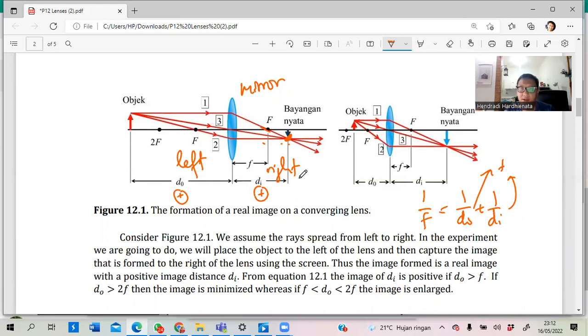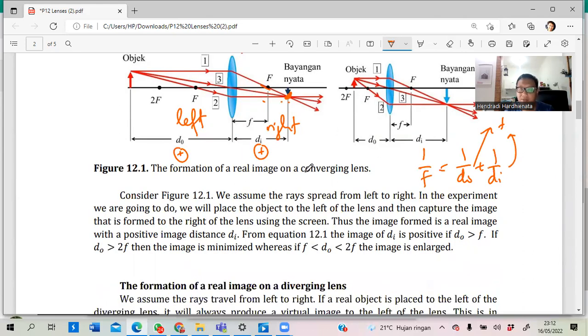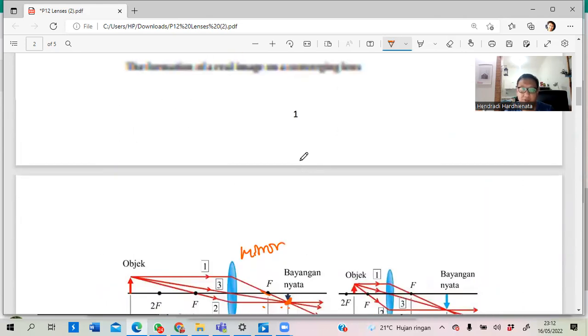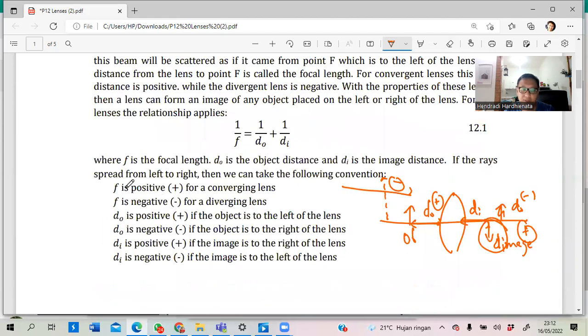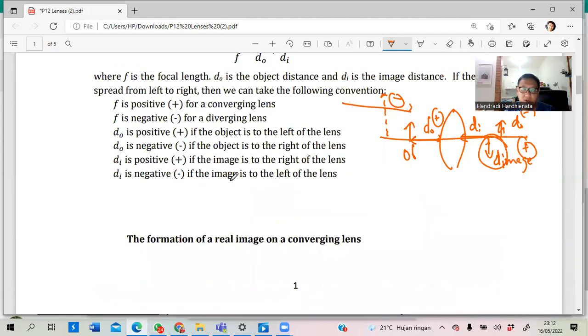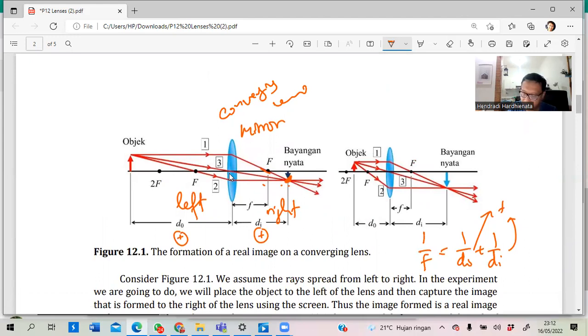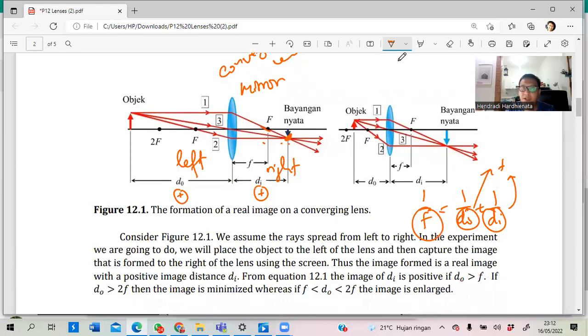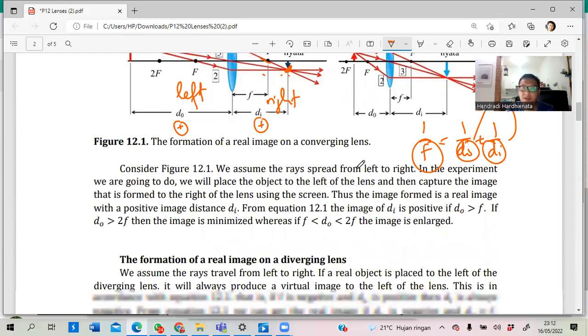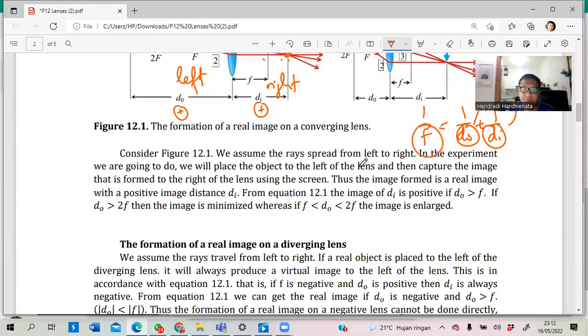In this case we don't have any problems, and also the focal length is positive because we have a converging lens. Which makes sense, because if these two are positive, this one will of course be positive. So we have this convention, this agreement, so the results will be correct.